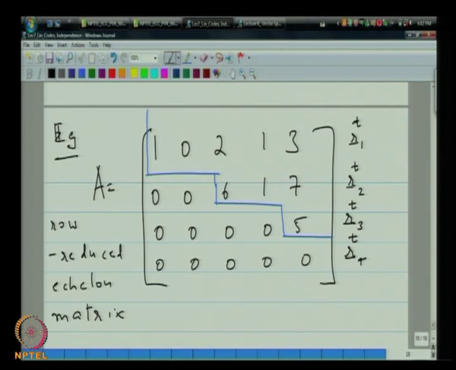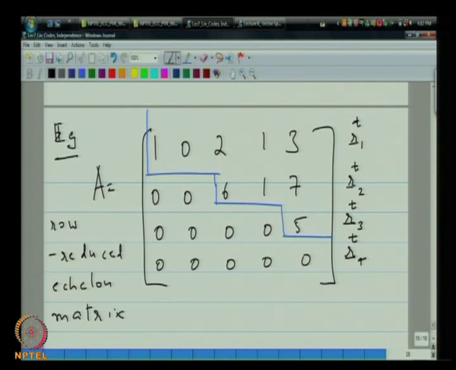So, since these are row vectors, I am going to put a transpose. If I were to ask the question, are these linearly independent, then the definition asks you to scale these vectors and add them. But it is just obvious, just looking at the particular structure of this matrix, that the only way in which you can take a linear combination of R1, R2 and R3 to get 0 is if those coefficients are 0. Now, just a note of caution, I am excluding R4. Any collection of vectors which contains the 0 vector is automatically a dependent set, because you can just scale that and get 0 using a non-zero coefficient.